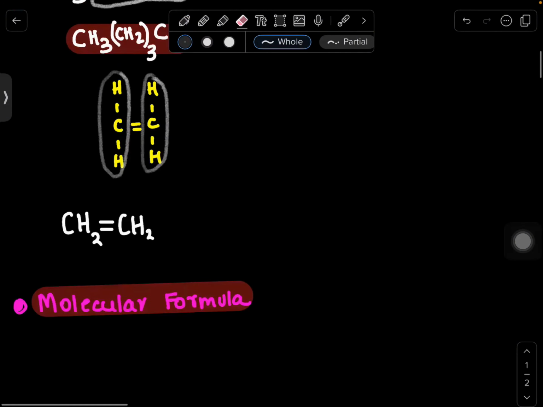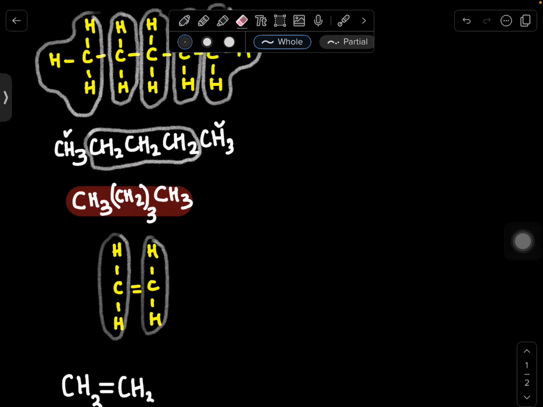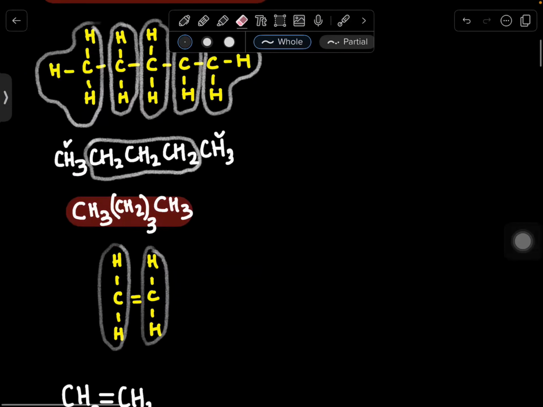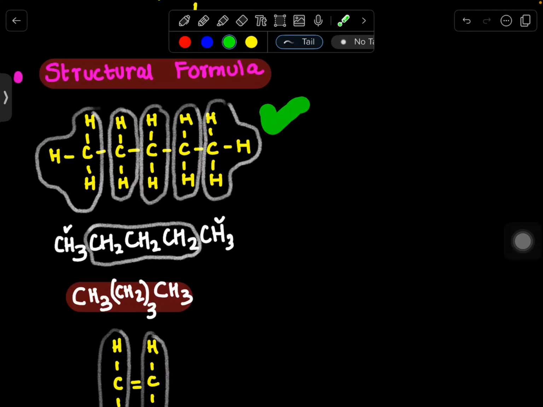Or let's take an example of the compounds we've done above and write down their molecular formulas. As I mentioned, the molecular formula just shows you the type of atoms present in a compound, and the total number of the atoms of each element present in that compound. First of all, can you identify which 2 types of atoms are present in this compound? Hydrogen and carbon.